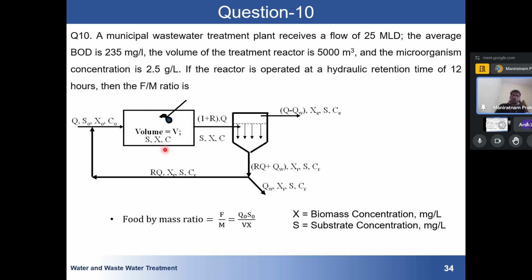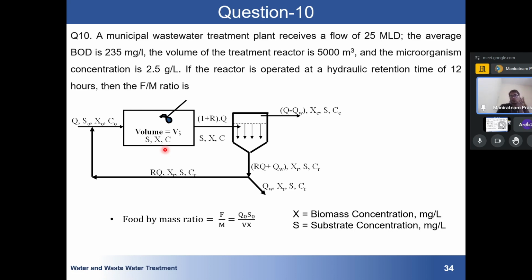So remember, the first thing you have to know is the food to mass formula. Even if you don't remember the formula, you can use the concept of what is food and what is mass.